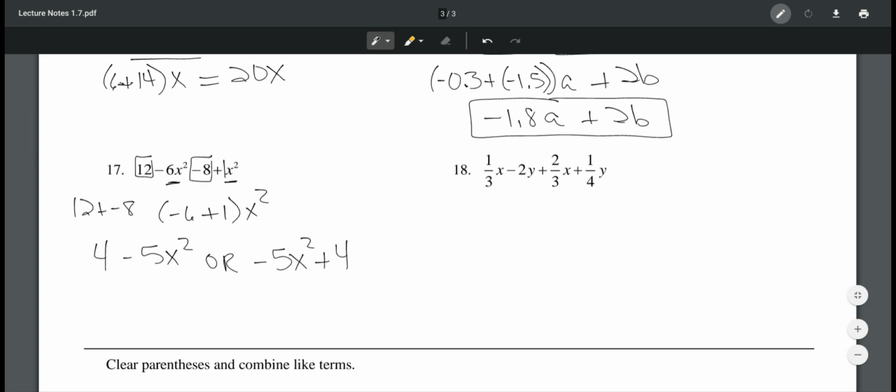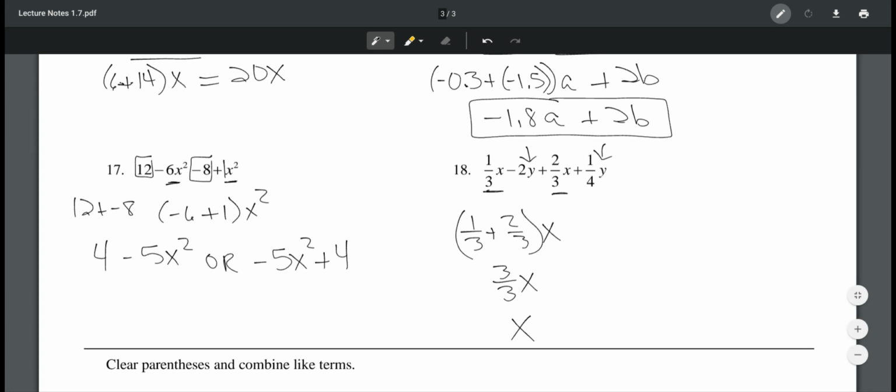like terms. We have x, and then we have the y's. So I should be thinking 1/3 plus 2/3 x, which is 3 over 3x, which is just 1x. You normally don't put a 1 if a variable does not have a number in front. It is considered to be a 1.